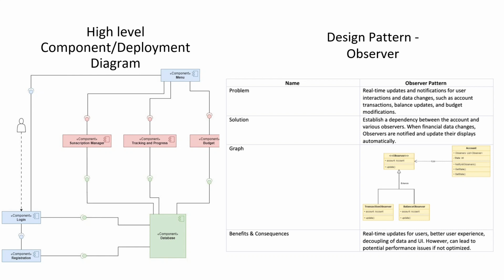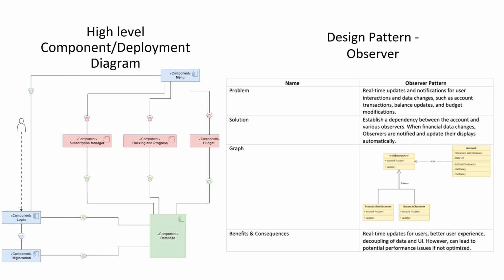Whether there is a new transaction, an altered budget, or a shifting balance, users need to be informed promptly. And the solution is, this is where the observer pattern comes into play. The observer pattern establishes a one-to-many relationship between objects, enabling real-time updates.